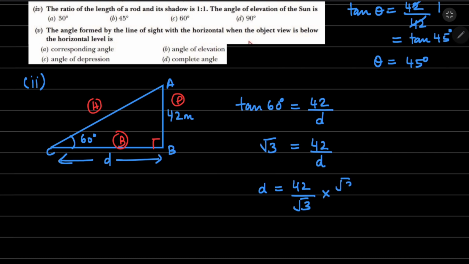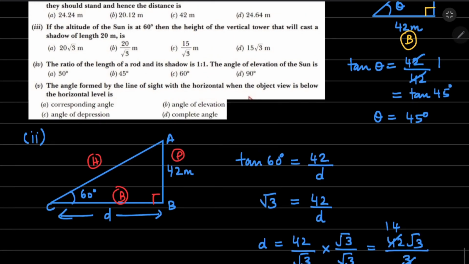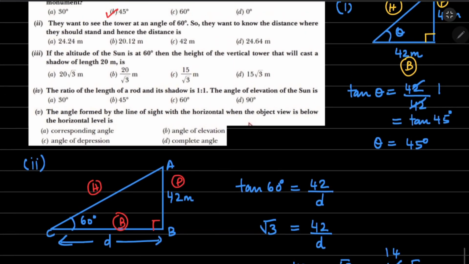So multiply numerator and denominator by root 3. So this will be 42 root 3 divided by 3. So again, you can cancel this. 3 into 14 is 42. So 14 root 3 is the answer. 14 root 3, unit is meter. So the correct option is 14 root 3.